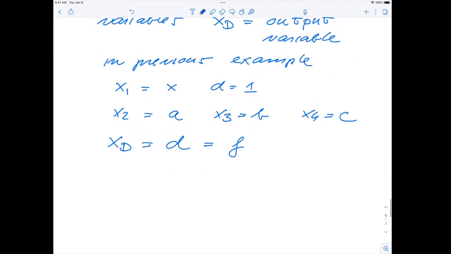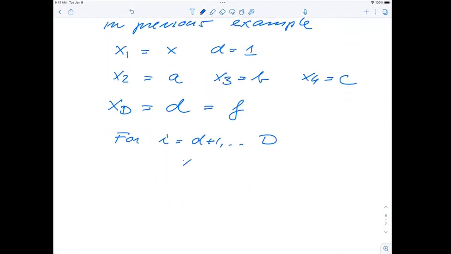So what you would typically do then is something like this. You would have a for loop of i equal D plus 1 all the way up to the final D. And then your x of i's here would simply be given by some g's, which are elementary functions, which then receive as input something which I'm going to call pa of x_i.